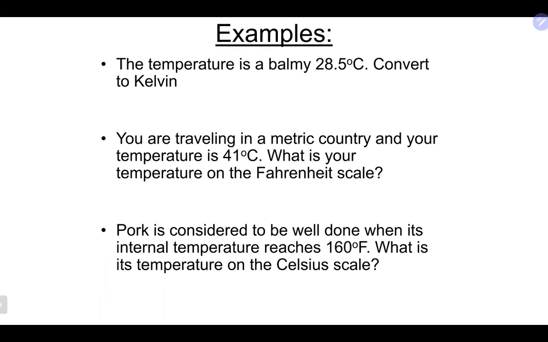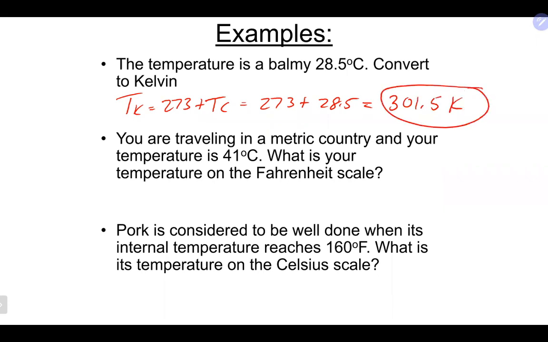On the first one, we're going from Celsius to Kelvin. So we want our formula there. Remember, our temperature in Kelvin equals 273 plus our temperature in Celsius. That gives us 273 plus 28.5, and if you punch that into your calculator, it looks like 301.5 Kelvin.